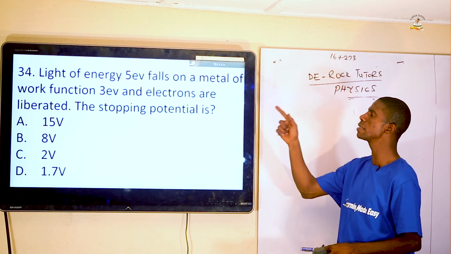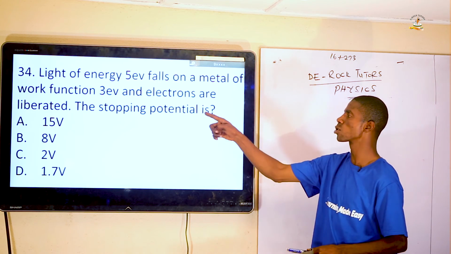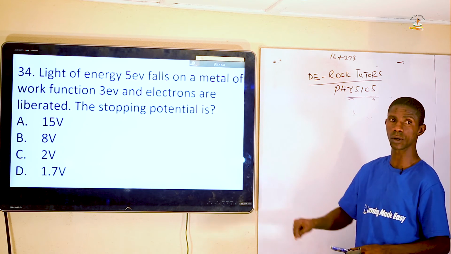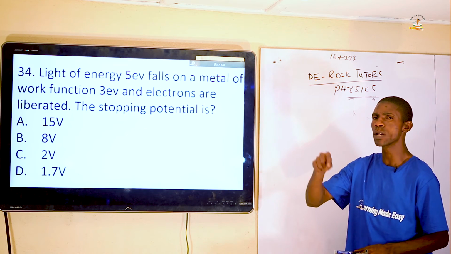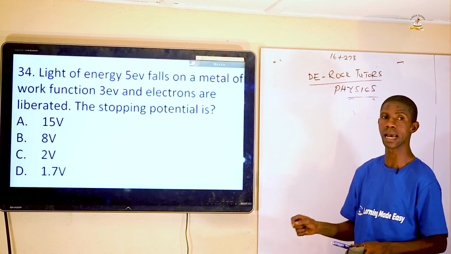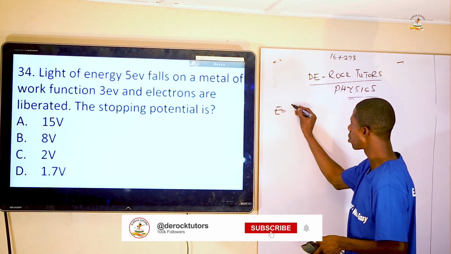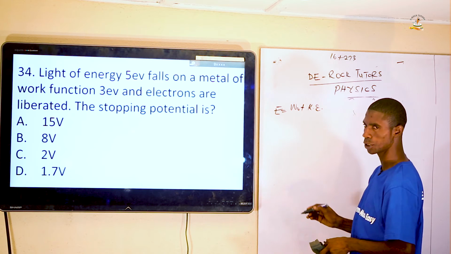How do we relate the work function, the energy given, and the stopping potential? When light hits the surface of a metal, an electron is liberated. That electron liberated will gain energy in the form of kinetic energy. So we have the energy equals work function plus kinetic energy.